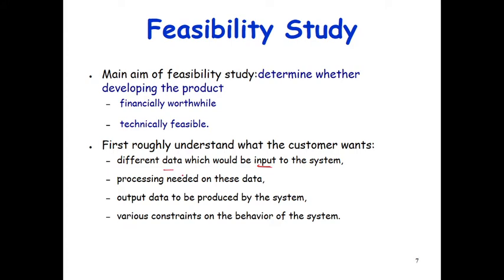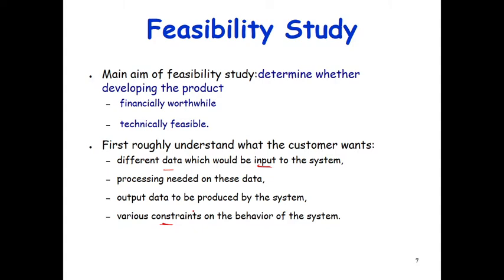You need to do processing on those data, so processing is obviously there, then output data to be produced by the system. After processing you can get the output, and various constraints, there can be different rules and restrictions on those data. So you need to know about different constraints on the behavior of the system.